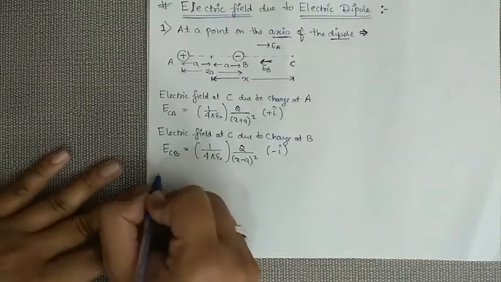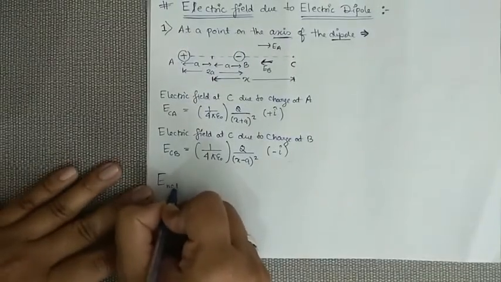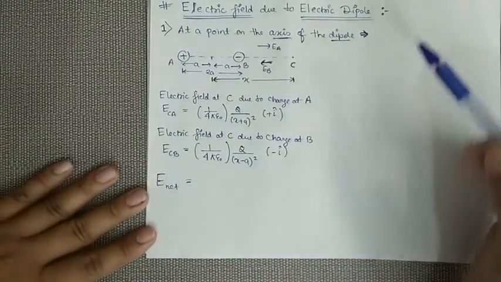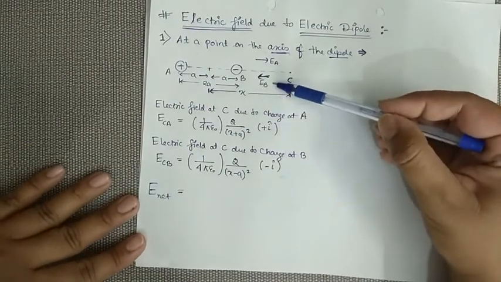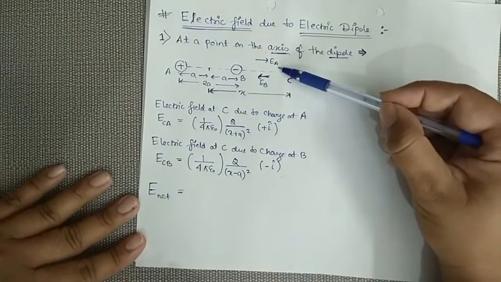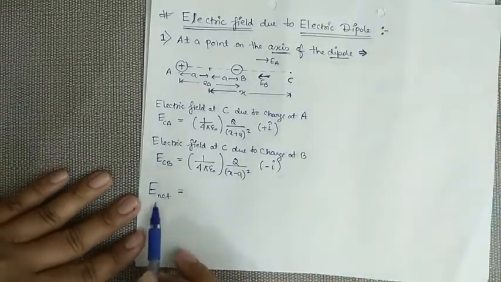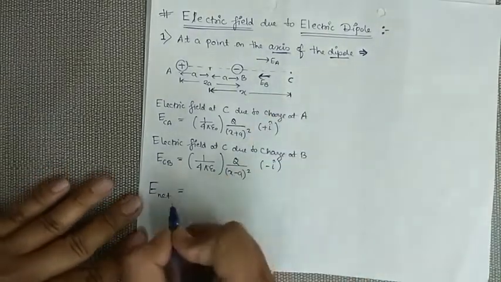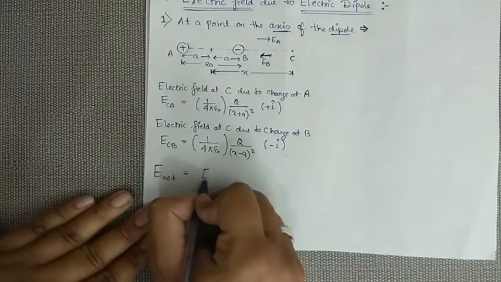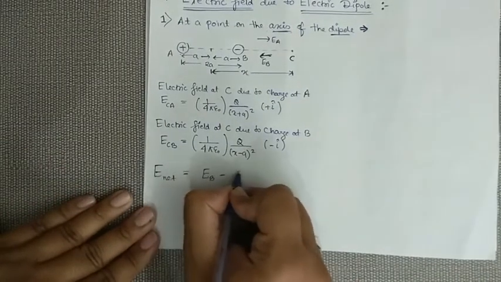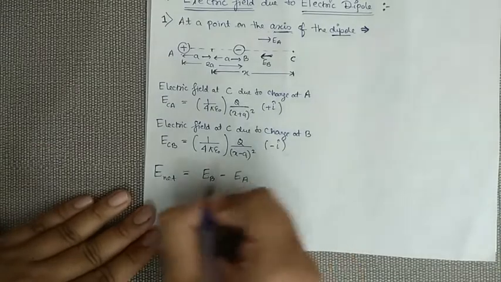So how can we find the net electric field at point C? Now try to understand both these directions, electric field due to A and electric field due to B. They are opposite to each other. So in order to find the net electric field at C, we have to subtract them. So subtracting, E_B minus E_A.